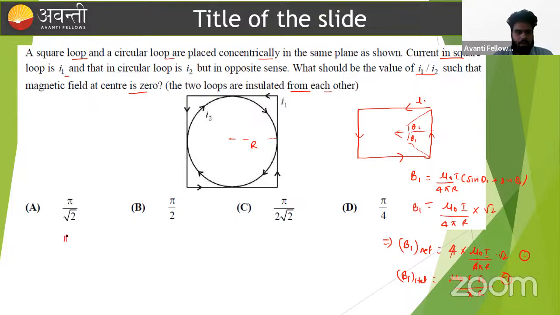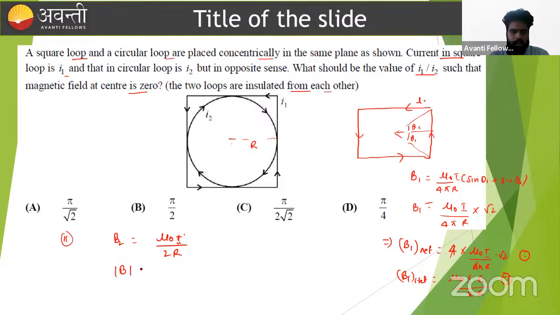At the same time, the formula for the magnetic field at the center due to the circular loop is B2 equal to mu naught I upon 2r. We must remember the formula, because in the magnetic section questions are asked directly from the formula. Here we have to find the value of I1 upon I2 so that the net field at the center is 0.